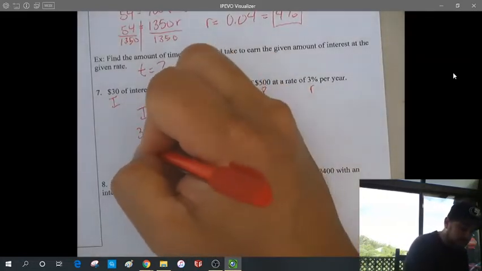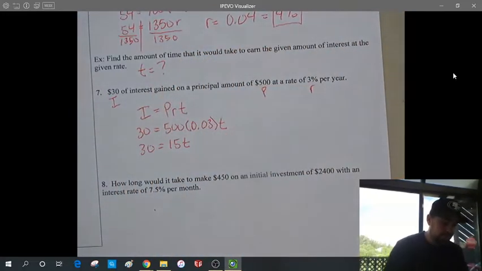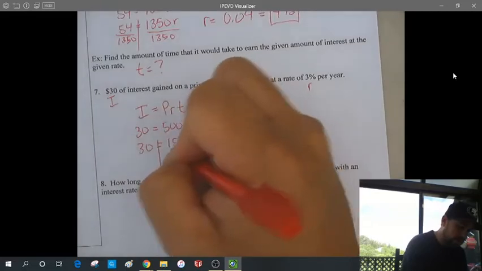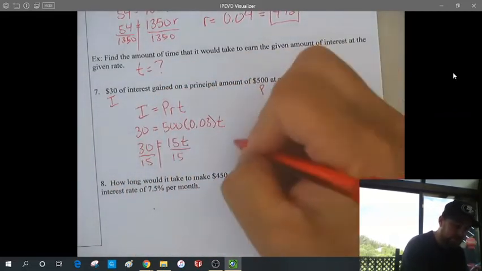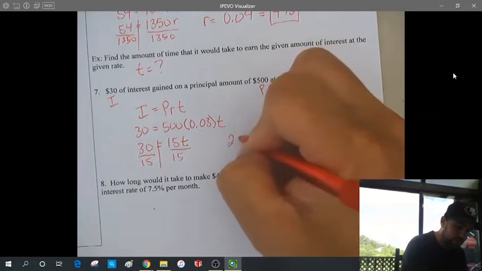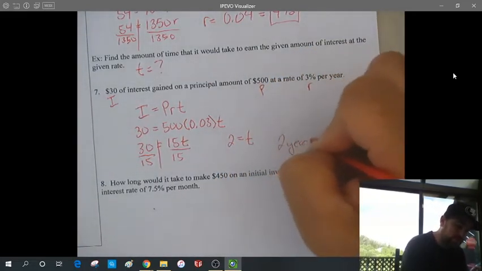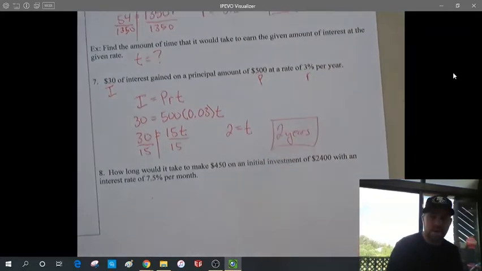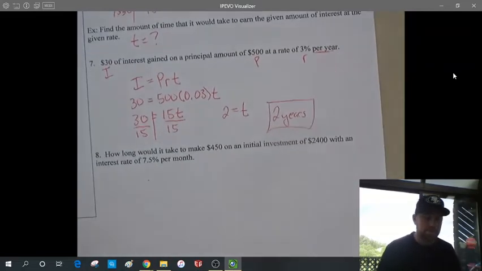Gives us 15 T. Again divide both sides by 15, and 30 divided by 15 is 2. So we get that T equals 2, which means, again, remember when we get our answers here, unless otherwise specified, well, it is specified here as years, so 2 years.